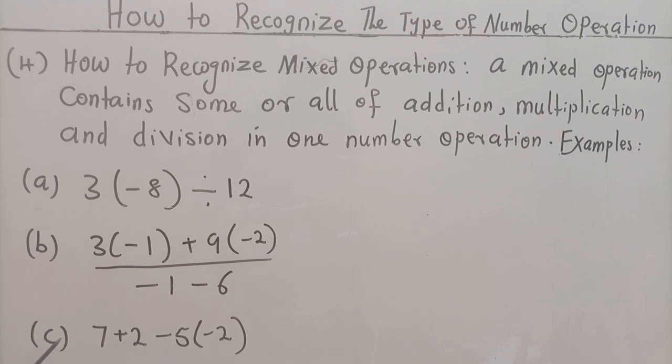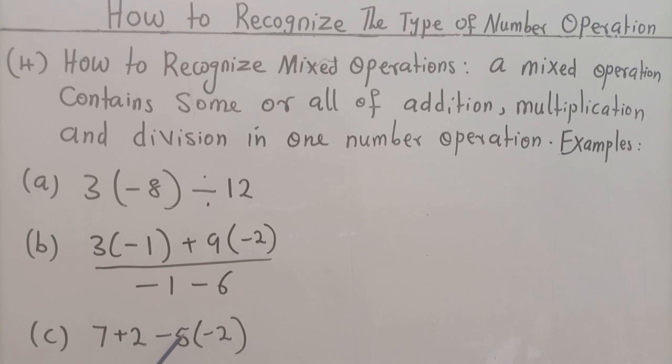The third one goes this way. 7 plus 2 minus 5 bracket minus 2. This is also a mixed operation. Why? Between 7 and 2, no other sign except this plus. Therefore, between 7 and 2, what we're going to carry out is addition. Then this is minus 5 bracket minus 2.